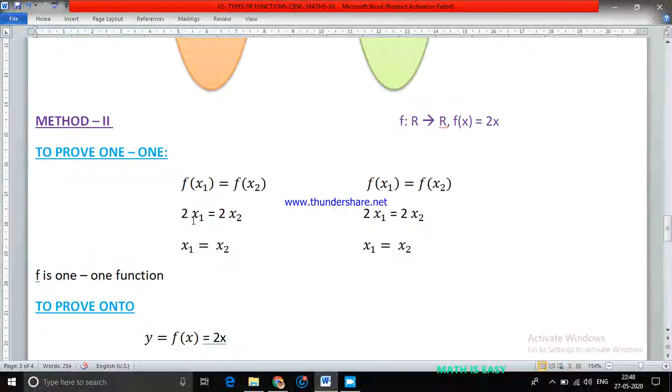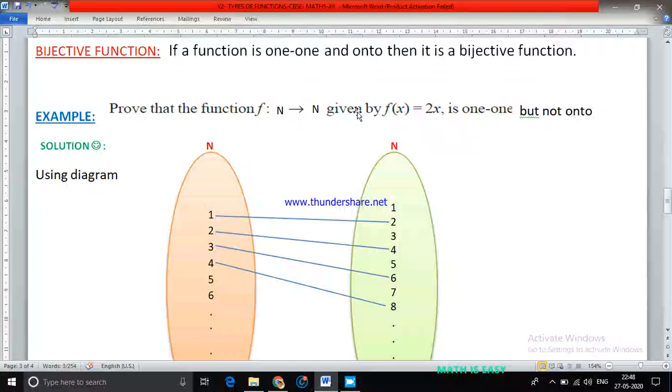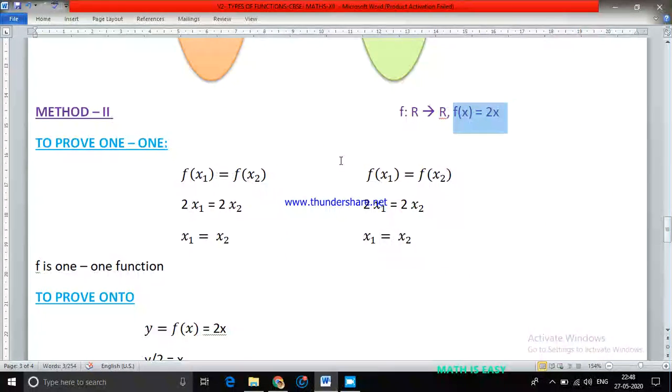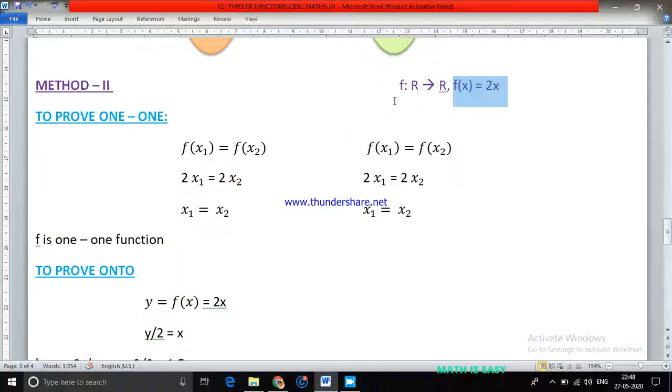Understood? So if my function is defined from R to R, then f of x equals 2x is both one-one and onto. Both definitions are satisfied. But if the function is defined from N to N, it is one-one but not an onto function. Are you getting how the things are changing?